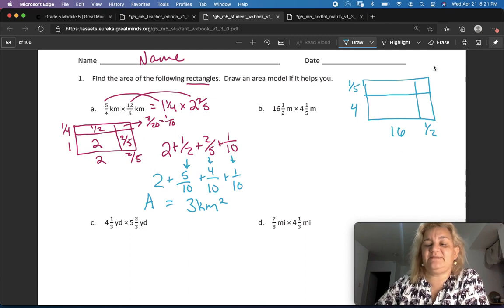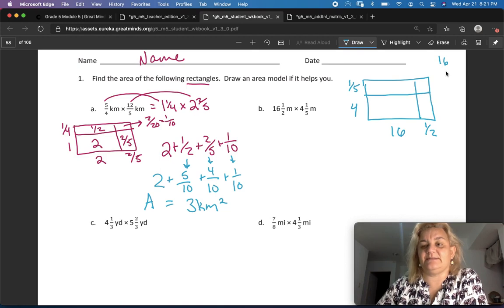So 16 times 4, let's see, when I'm thinking I shut my eyes sometimes. 16 times 4 is 24. 4 times 1 is 4, plus 2 is 6, so that's 64 right there. And 1/5 times 16 is 16 fifths. 4 times a half is 4 halves.